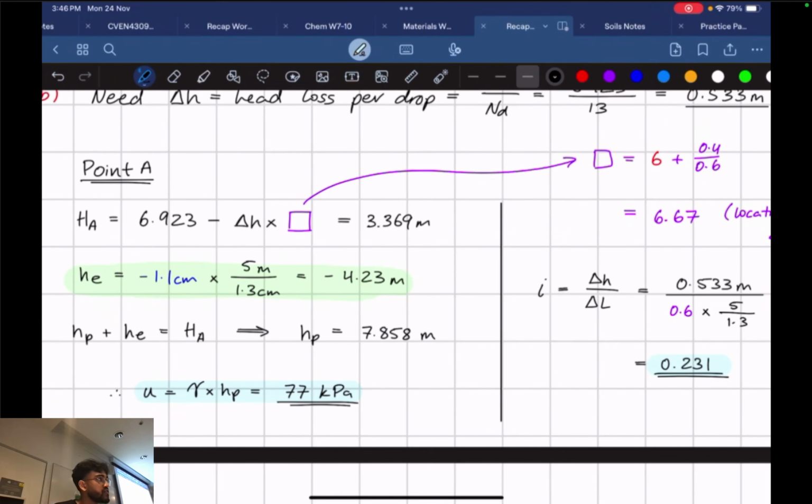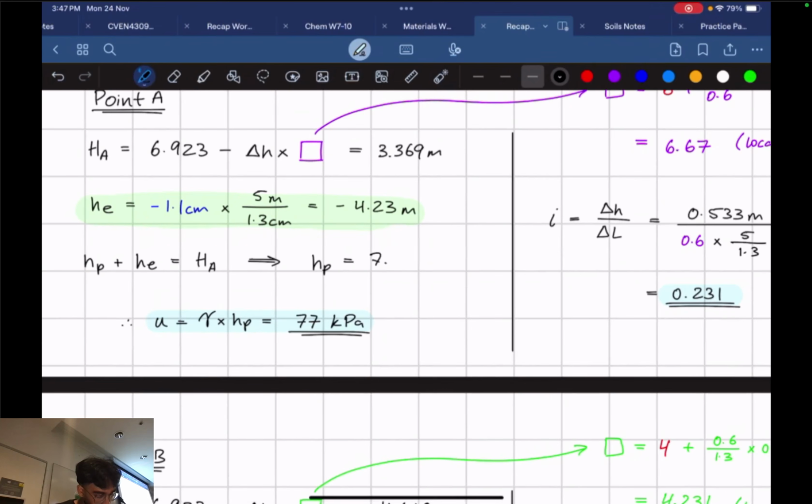Okay, and we already figured out HE. Because I now have H and HE, I can figure out HP, which, when I do it properly, is 7.599.